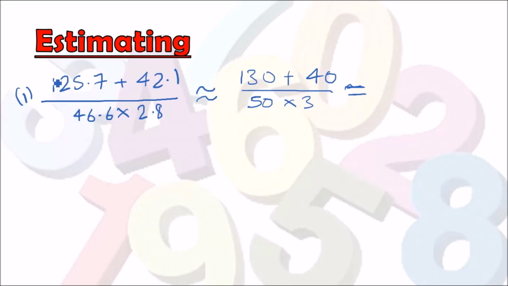So what do we have? 130 plus 40 is 170. 50 times 3, 5 times 3 is 15, add a 0, 150. And you can see it's a bit bigger than 1, because these cancel out, but this is roughly 1. And yeah, that's really how you estimate.